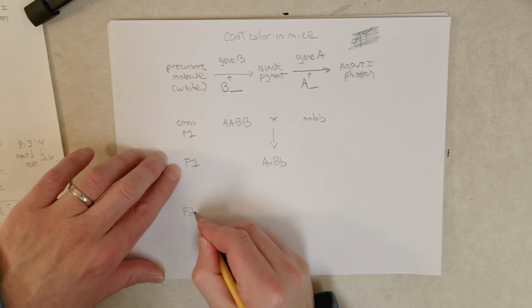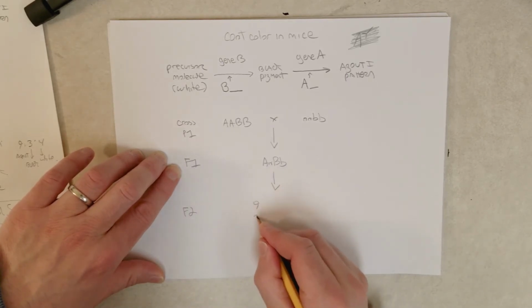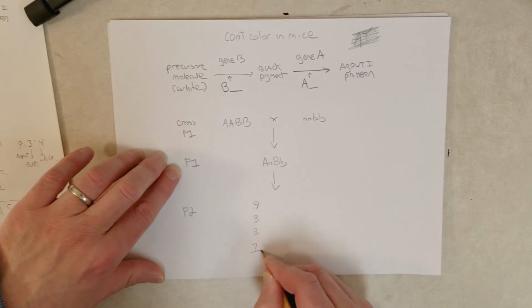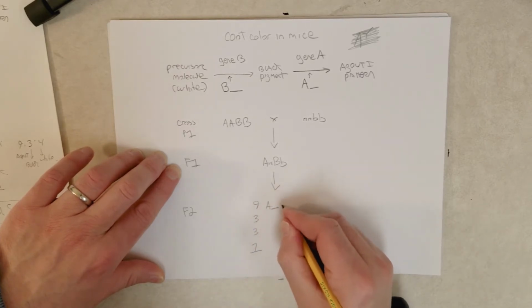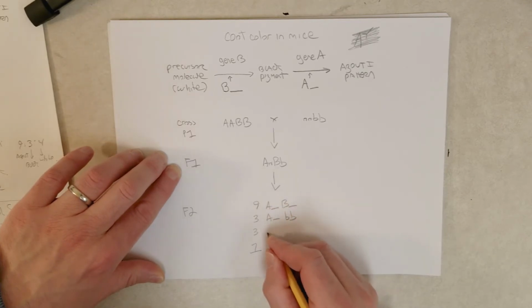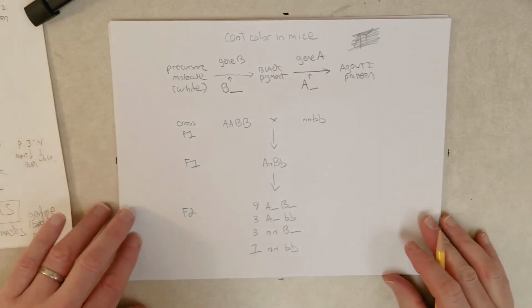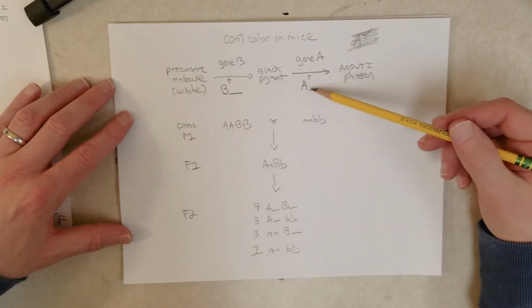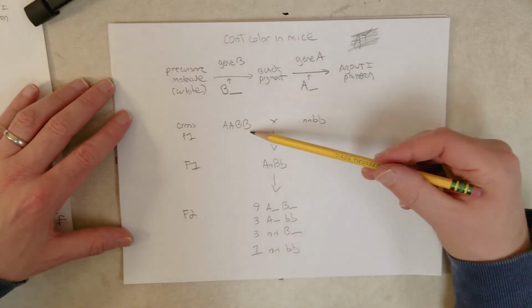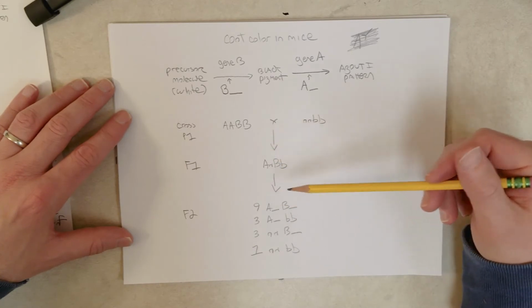And we also know in the F2 that we will have this 9:3:3:1 genotypic ratio that looks like this. Okay, so now looking at the gene interaction diagram, we should be able to predict the phenotypes of all of these mice with these genotypes.